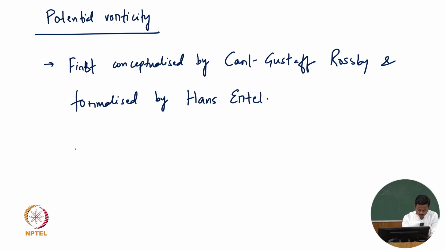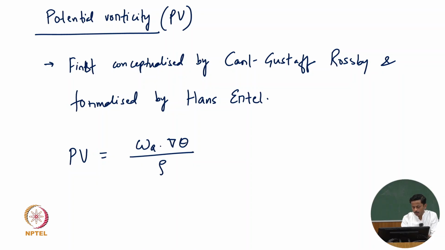PV is a short form for potential vorticity that you might come across in geophysical fluid dynamics textbooks. It generally refers to the quantity omega_A dot gradient of theta by rho. This is also called Ertel's potential vorticity.